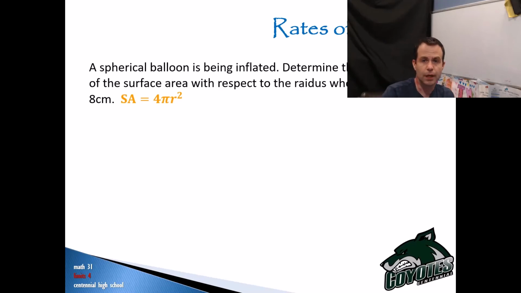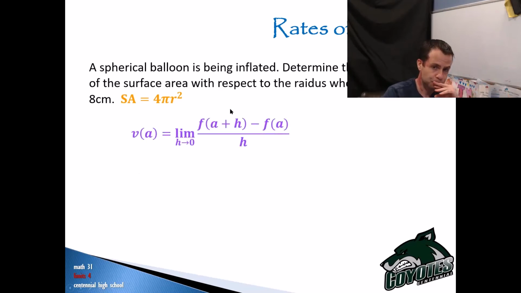So I'm looking for the rate of change of the surface area with respect to the radius when the radius is 8 centimeters. Okay, so I'm looking for a limit, and essentially I'm using the surface area formula as the formula that I'm going to get my x1, y1 and my x2, y2 out of.